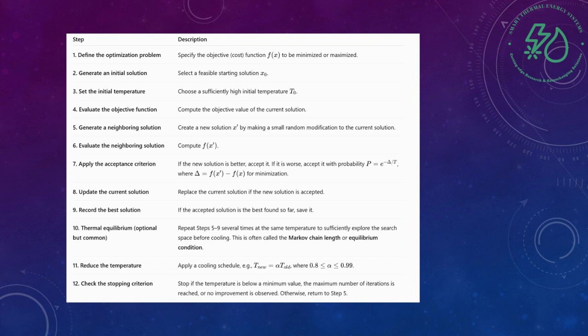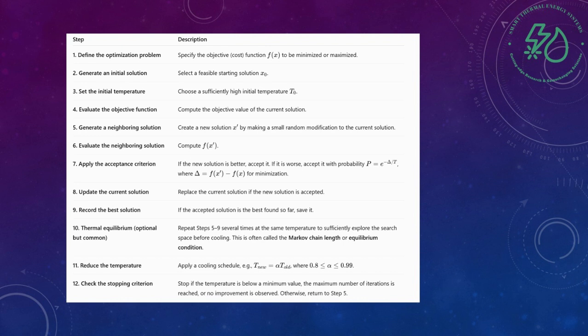If the new solution is accepted, it replaces the current solution, and otherwise the current solution remains unchanged. Step 9. In this step, we record the best solution. The best solution that we found during the optimization process is stored for the final result.